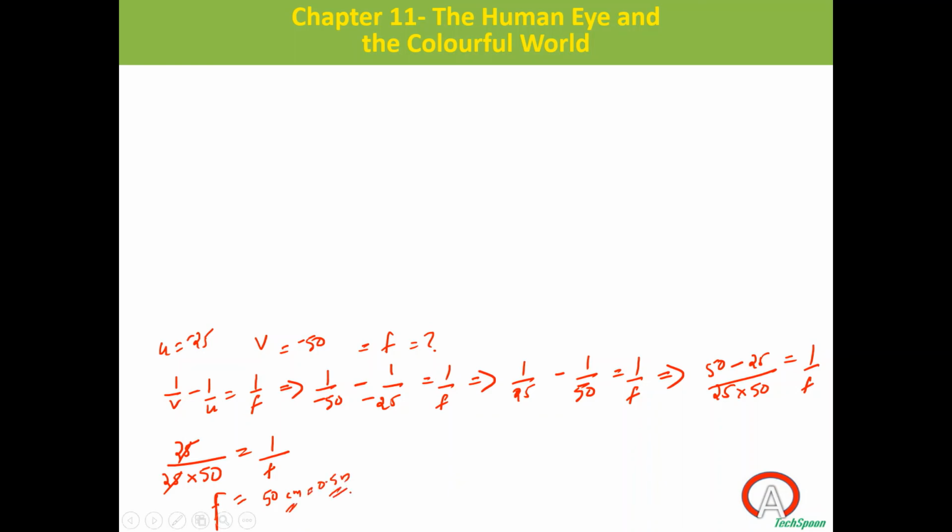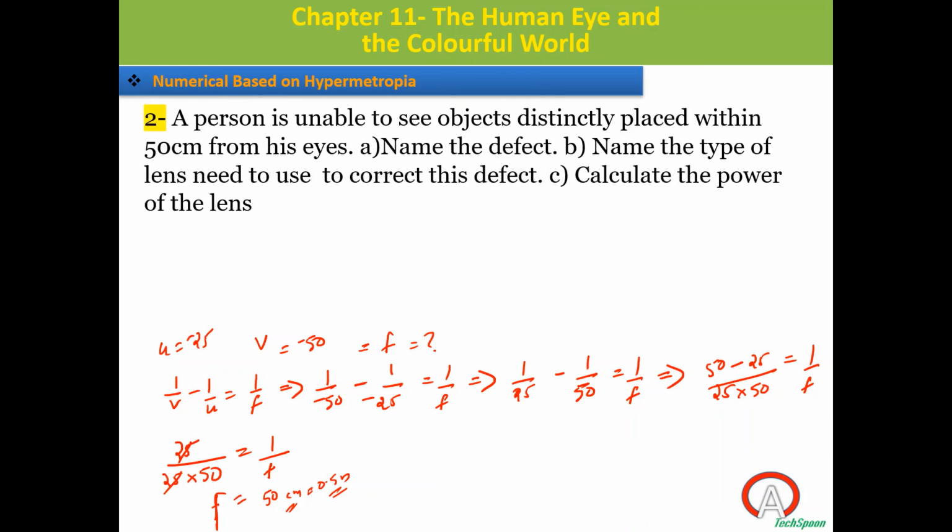Did you get 0.5 meter? Yes, sir. f is equal to 0.5 meter. So the focal length is 0.5 meter.